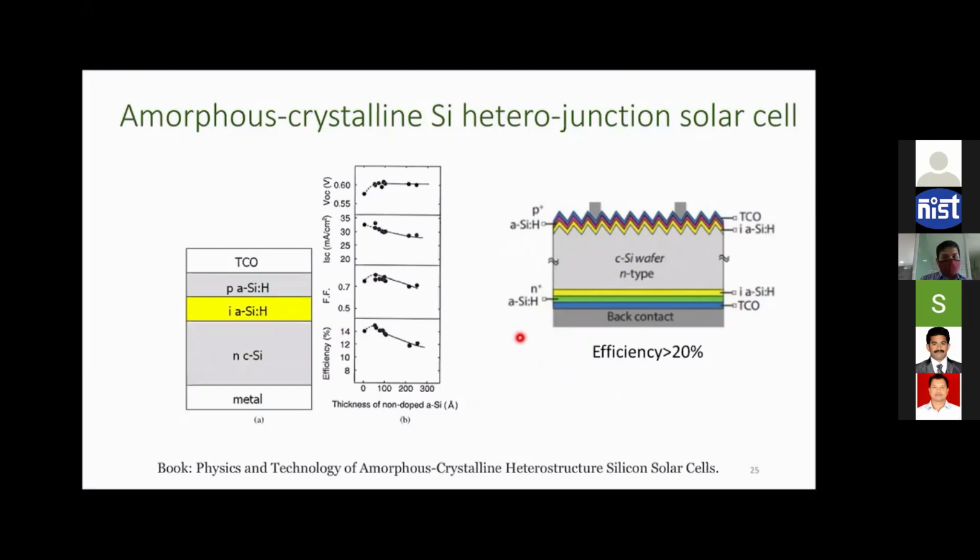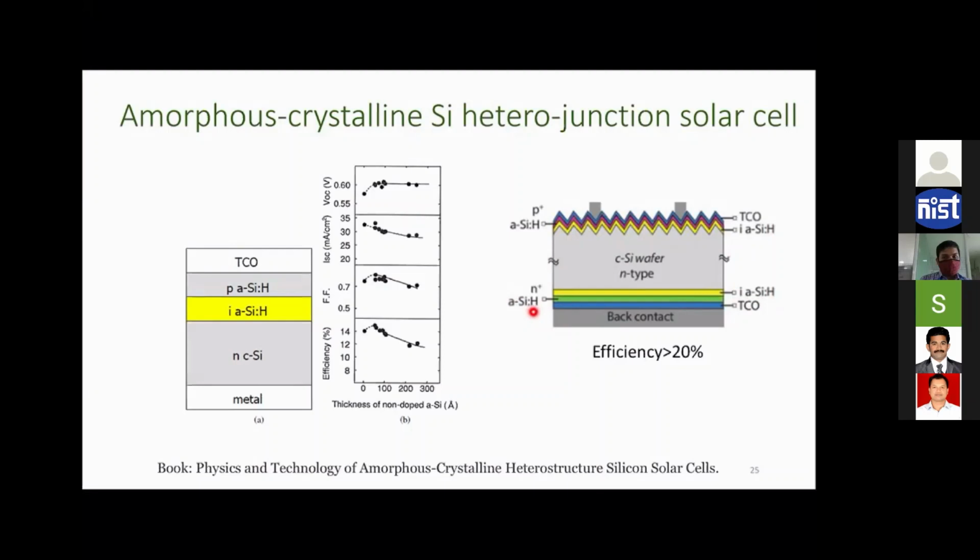But here in the double heterojunction structure, you are not only having intrinsic passivation on both sides. This yellow layer shows you the intrinsic amorphous silicon passivation layer. On top of it, you are having a P plus amorphous silicon doped layer, in pink. That is one heterojunction.